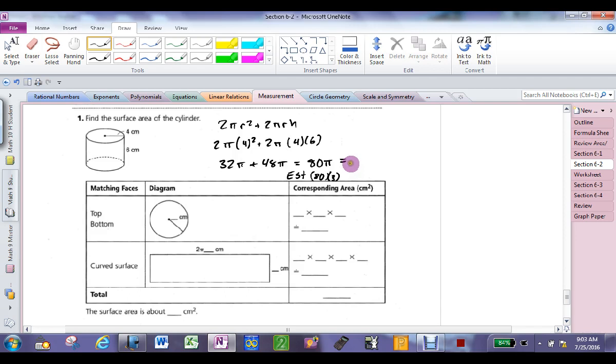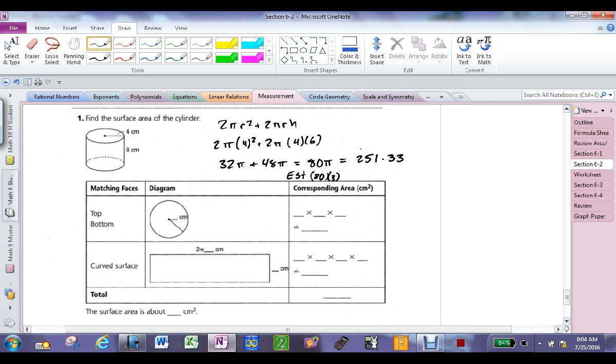What is it? 251.33. I estimated 240. I got 251. I'm happy with that. Right?